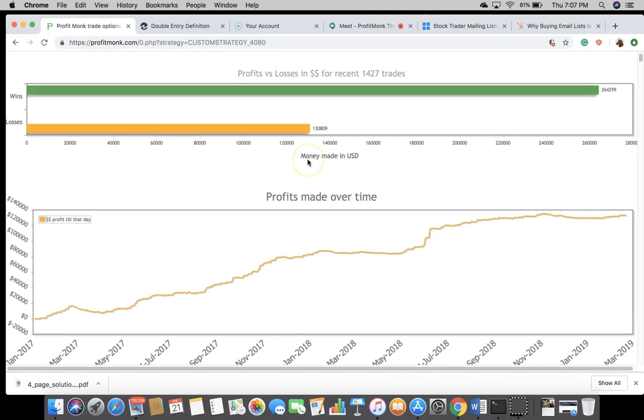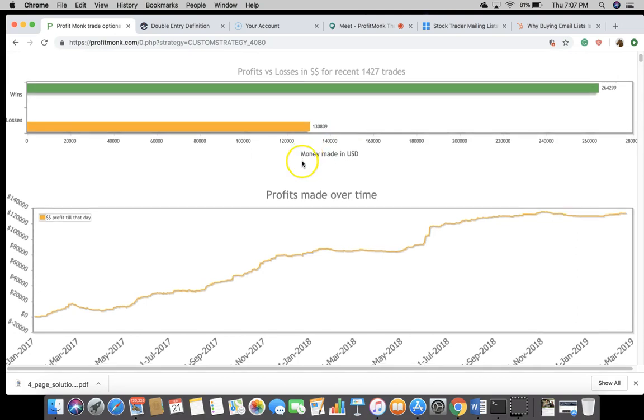The second question that has been asked is also quite interesting, and that is, what is the cash flow going to look like across all these trades? This graph here is a nice, important graph, but it's profit made over time.